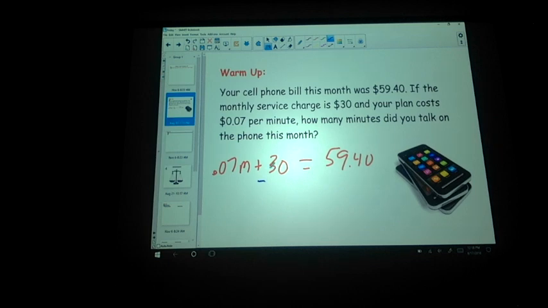So from here, I could make a dotted line, subtract 30 from both sides. 0.07 M equals $29.40. You did $29.40 worth of ringing up your bills because you spoke on the phone.